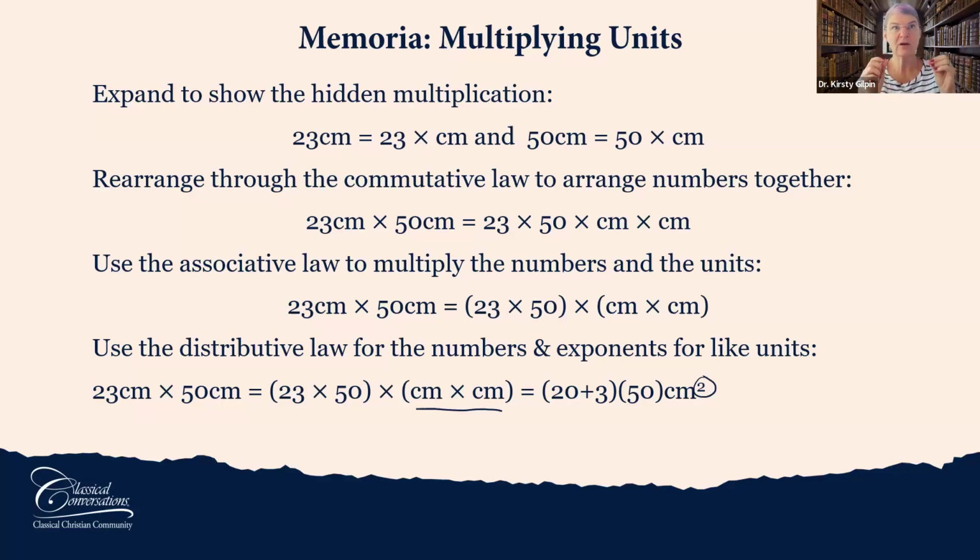And this is where writing out those hidden steps matters, especially for you as parents. If it hasn't clicked yet, keep writing them out. When we talked about addition, right? If I had 23 centimeters plus 50 centimeters, notice the difference: I would undistribute my centimeters and I would add my numbers to get 73 centimeters, right?